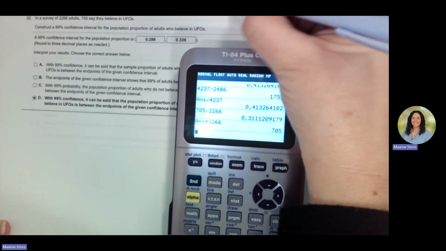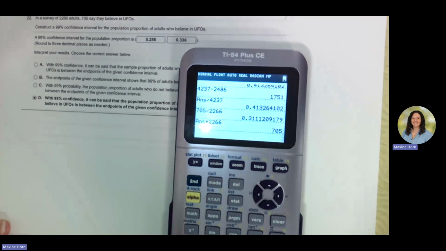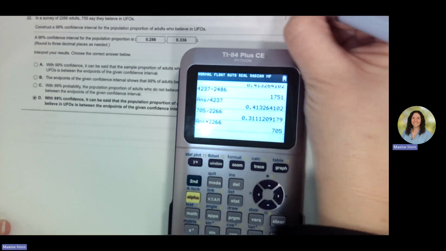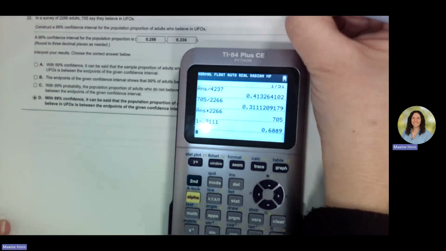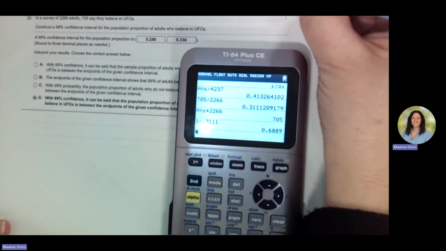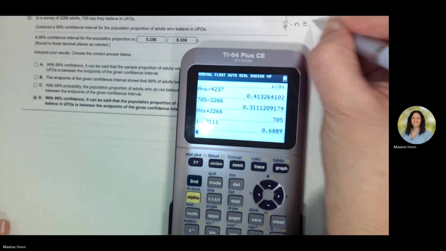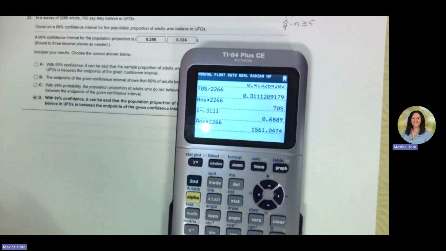What about our Q hat? Q hat is 1 minus P hat. Well, our P hat was 0.3111. So our Q hat is 0.6889. So Q hat times N, is that greater than or equal to 5?